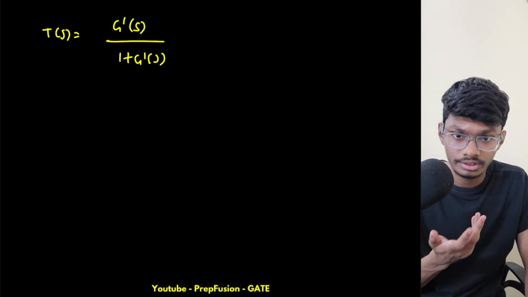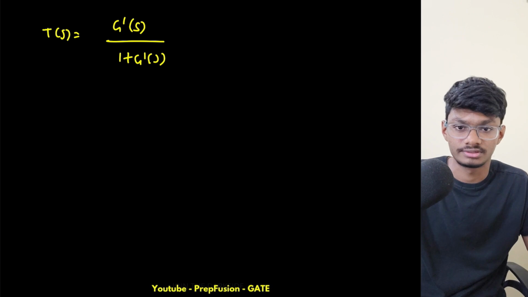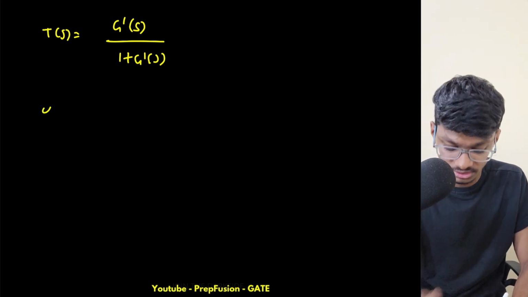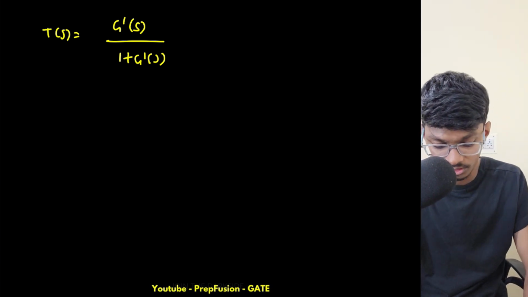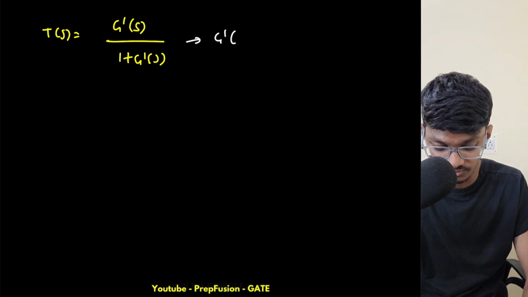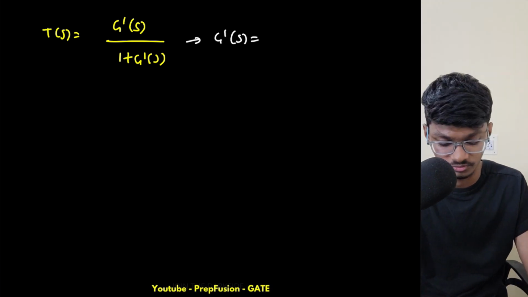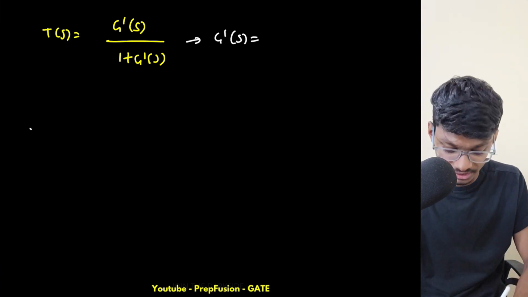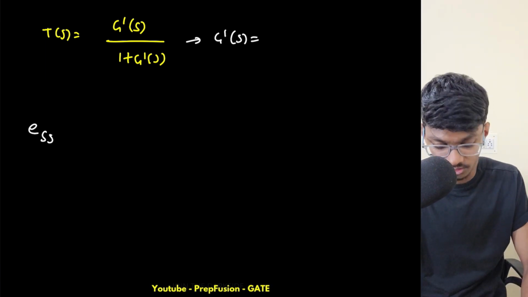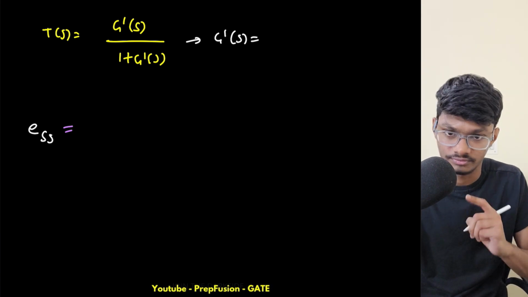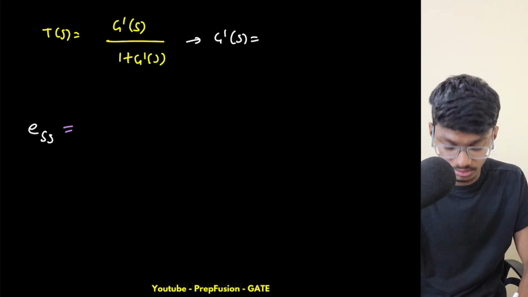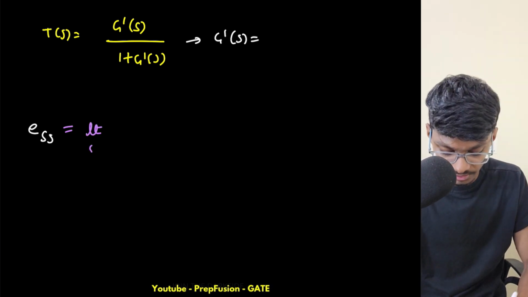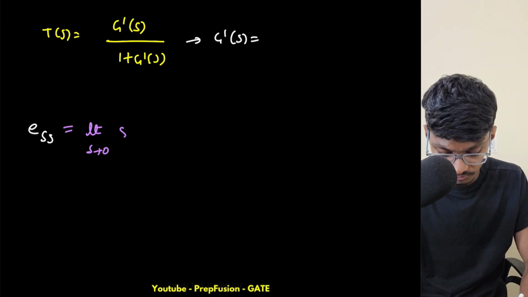Now they're using the simple steady state formula for unity feedback. What was the steady state formula for unity feedback? You find the g dash of s from here. I won't find it because we won't even need it. Anyways, they're wrong. So what they're doing is finding the steady state error, limit s tends to 0 of s into e of s.